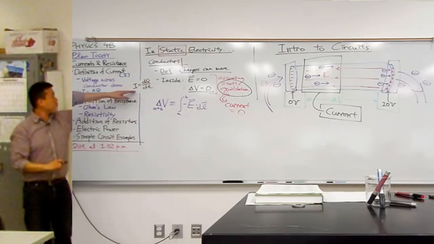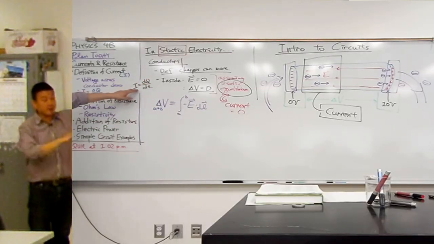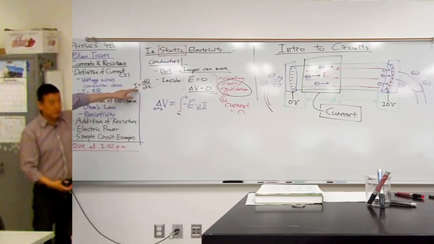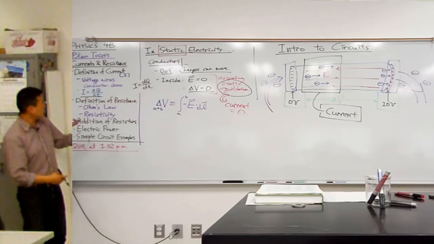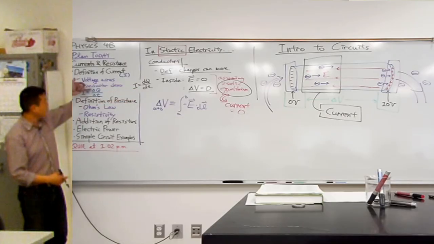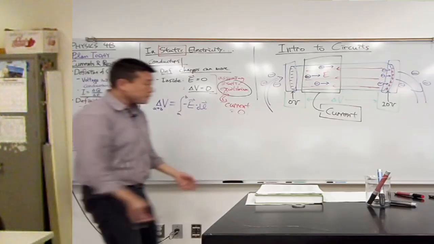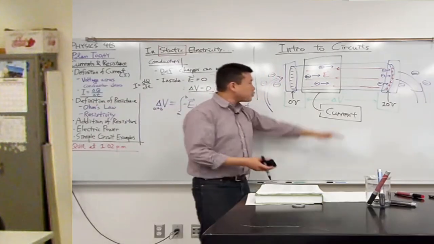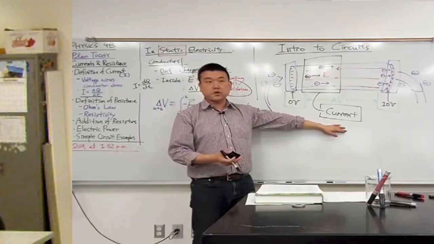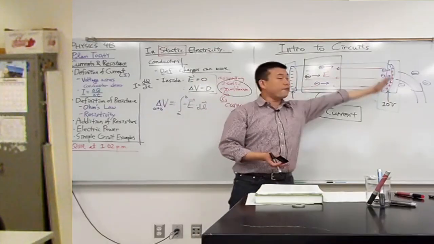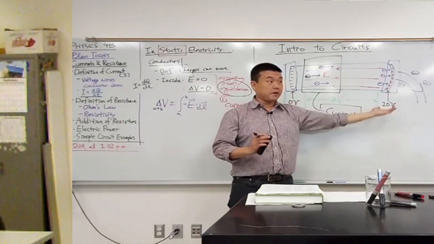And I try to never write this down without there being some sort of explanation, because I think it's important for you to know exactly what we are measuring here. With the current, we are trying to measure a flow rate of how quickly the charges are flowing.